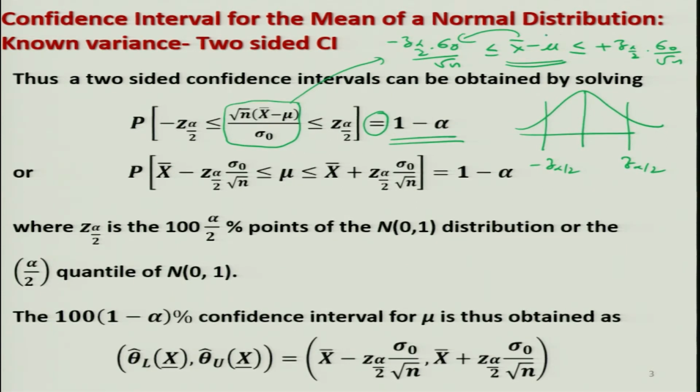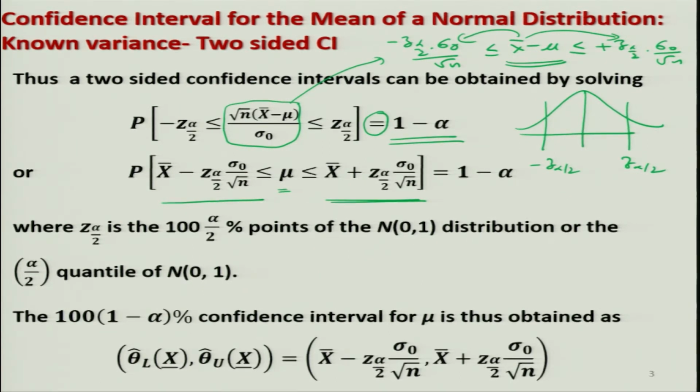This x bar will go on the left hand and right hand side, and this will become that mu lies between x bar minus z alpha by 2 sigma 0 divided by square root of n and x bar plus z alpha by 2 sigma 0 divided by square root of n, right.